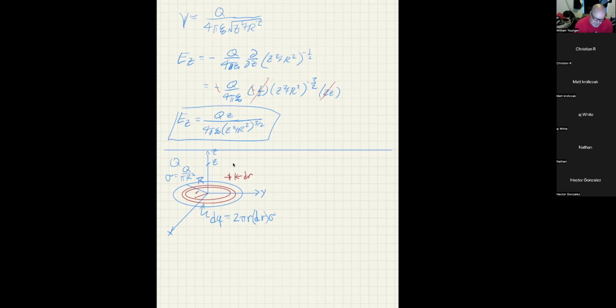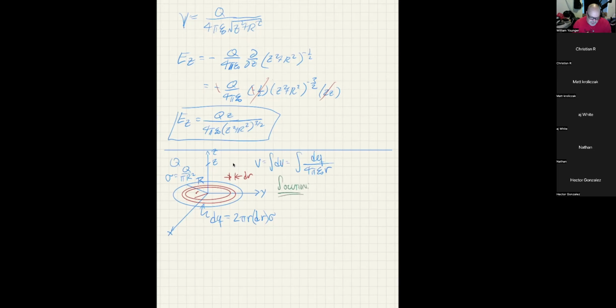So I can go ahead and use the fact that V is equal to the integral of dV, which is equal to the integral of dq over 4 pi epsilon naught r. Okay, so I'm going to say my solution is as follows.